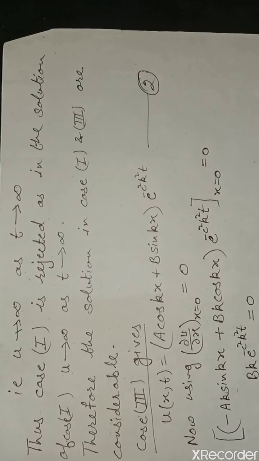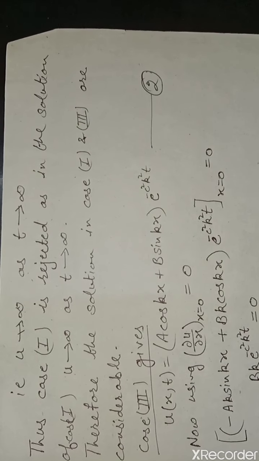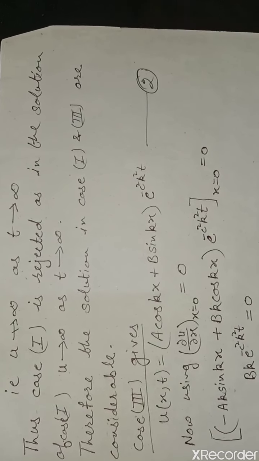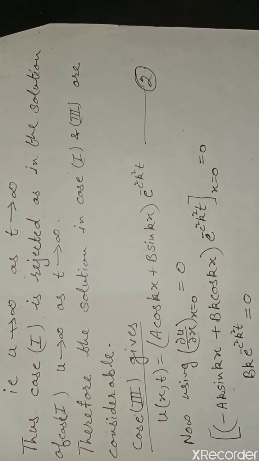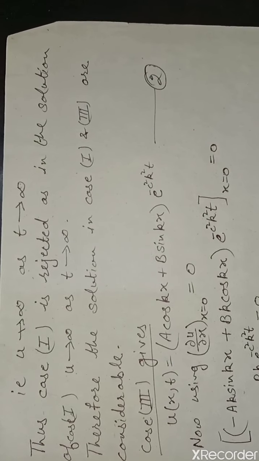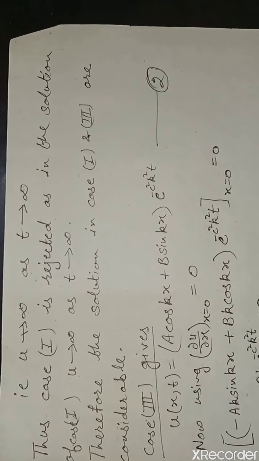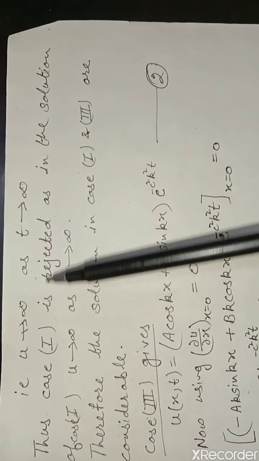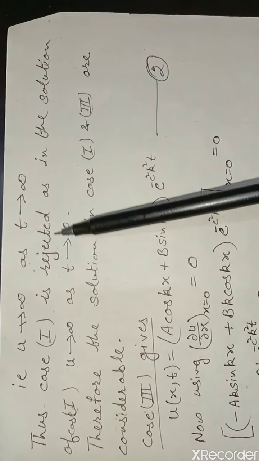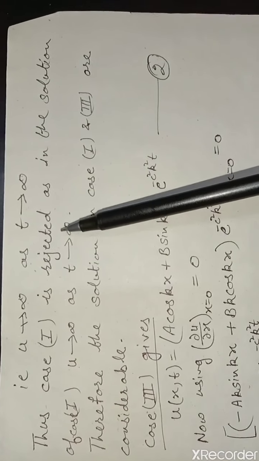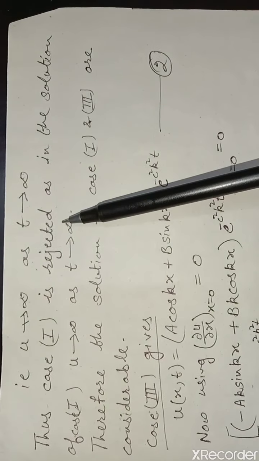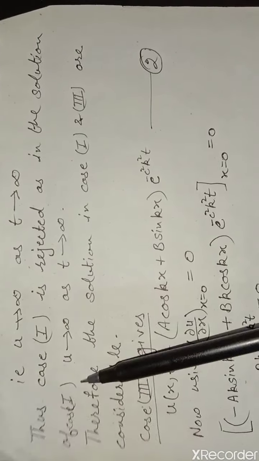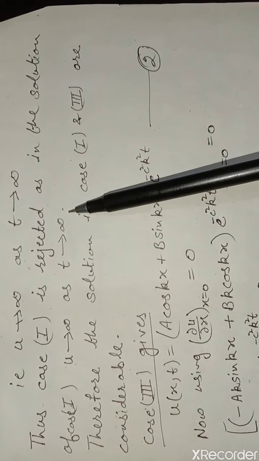So you can see in case 1, the solution which we have got does not satisfy this condition, because as t tends to infinity, e raised to the power c square k square t will become infinity. So case 1 is rejected. It means the solution which we have got in case 1 cannot be acceptable, as in the solution of case 1 u tends to infinity as t tends to infinity.